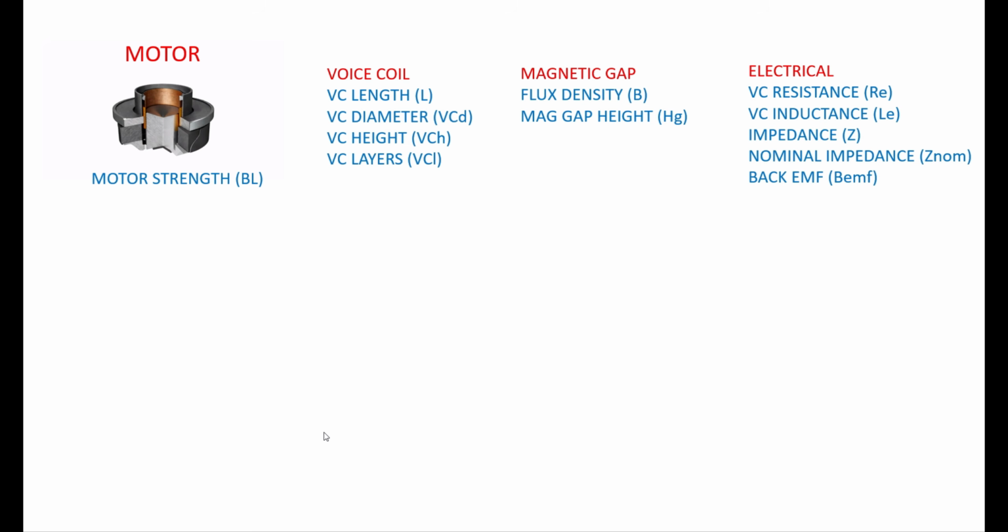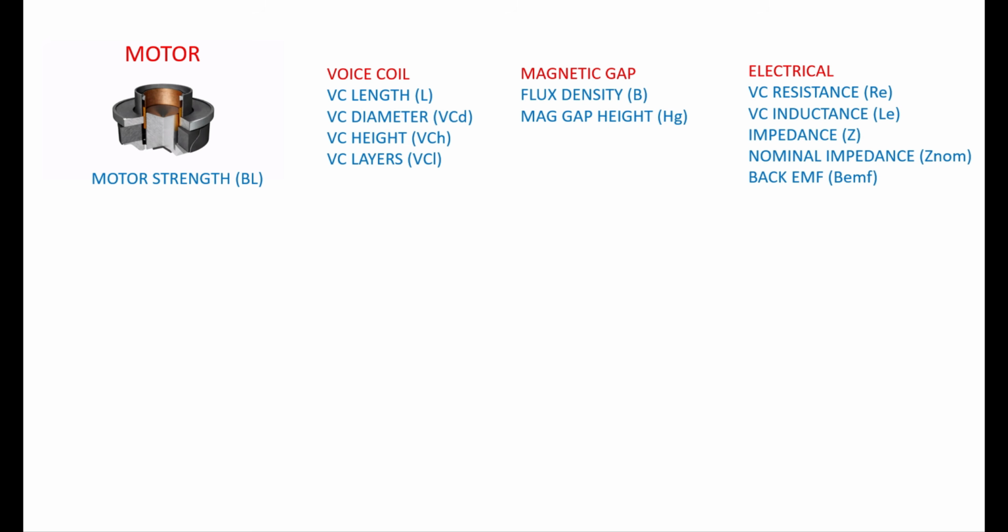The magnetic gap, so the amount of magnetic force and the magnetic gap size that the speaker voice coil moves up and down in, and then a bunch of electrical parameters around things like voice coil resistance and inductance, impedance, and back electromagnetic force.